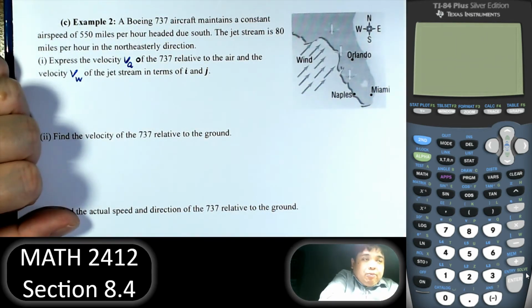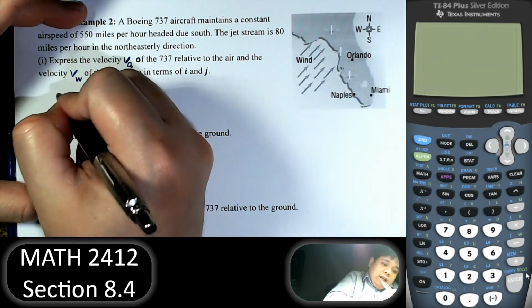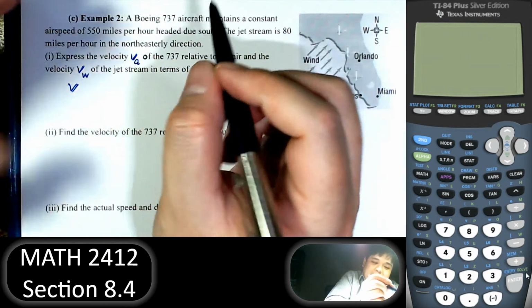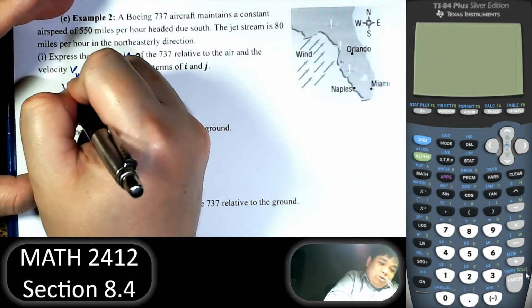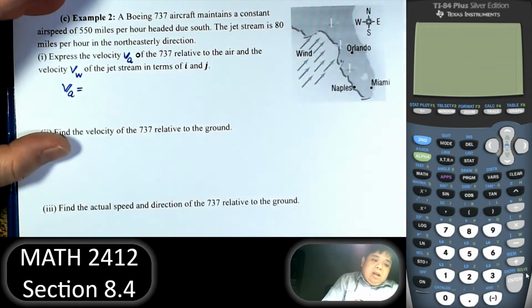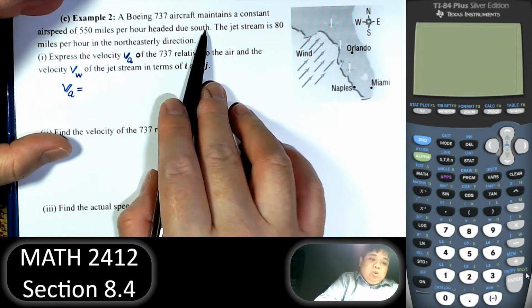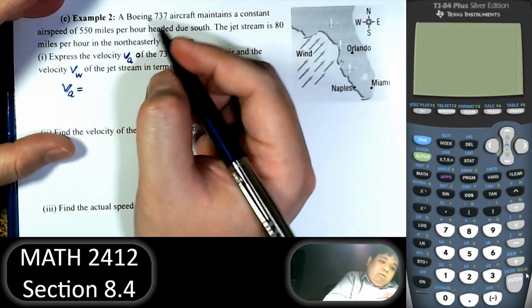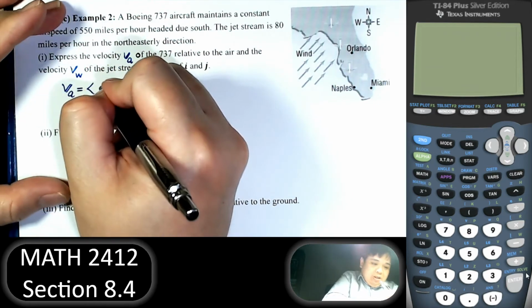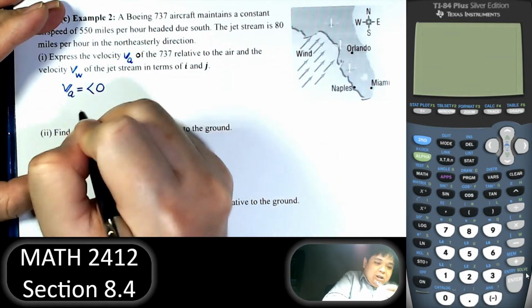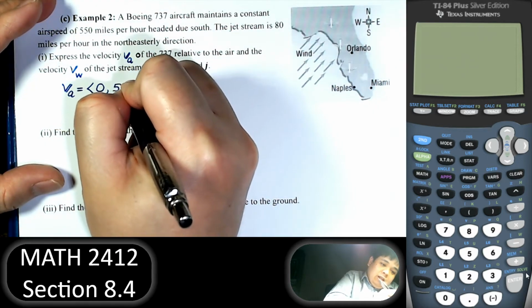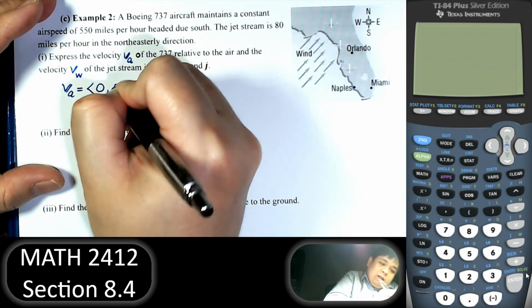Now, the velocity of the airplane with respect to the air is due south, 550 miles per hour. So due south, going down: 0 and 550, going south.